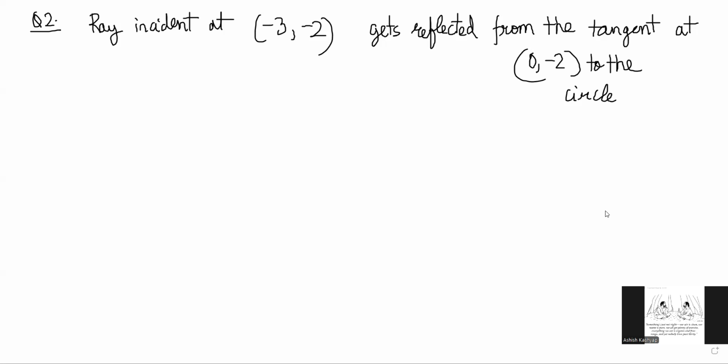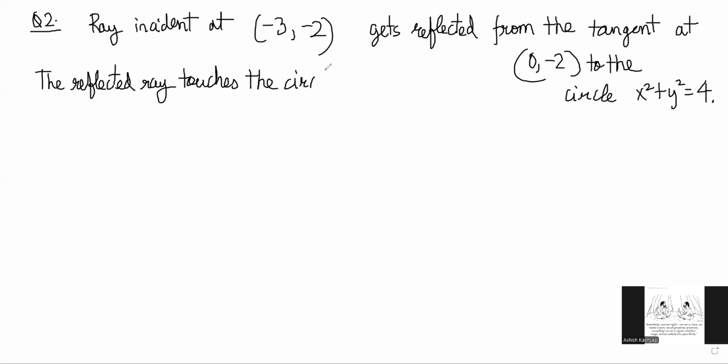The circle equation is given: x square plus y square equals 4. Then they are saying the reflected ray touches the circle, and the circle they are talking about is the same circle, right? Okay. You have to find the equation of the line along which the incident ray moved, the equation of the incident ray.